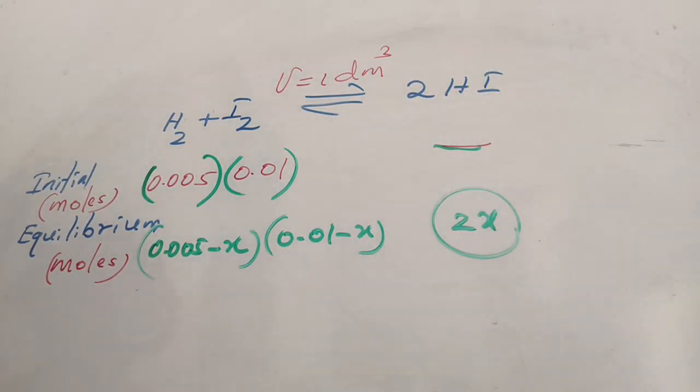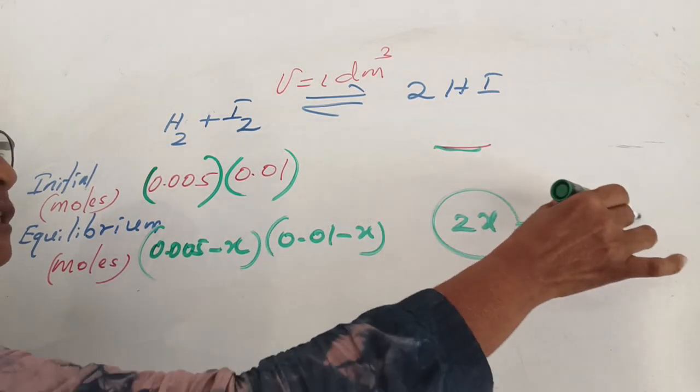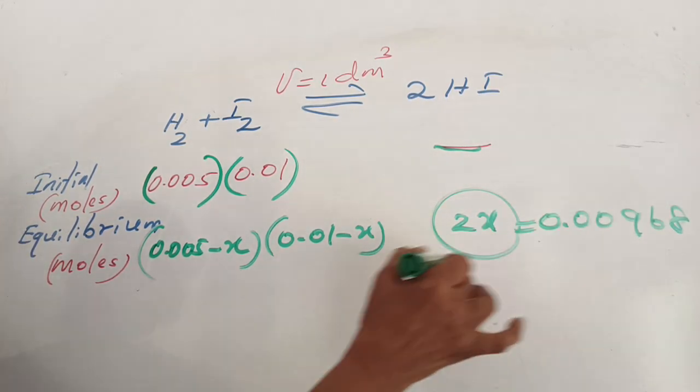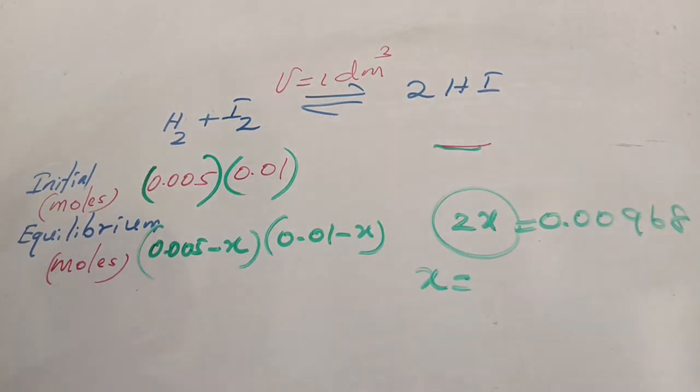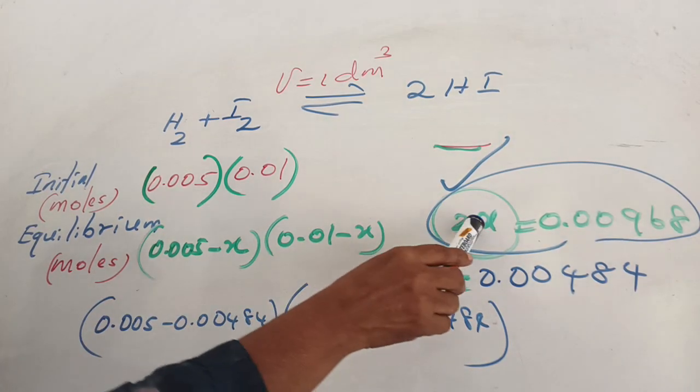This is the clue to begin solving. Twice X equals 0.00968, so we can calculate the amount reacted. As you see, the X value is half of that.